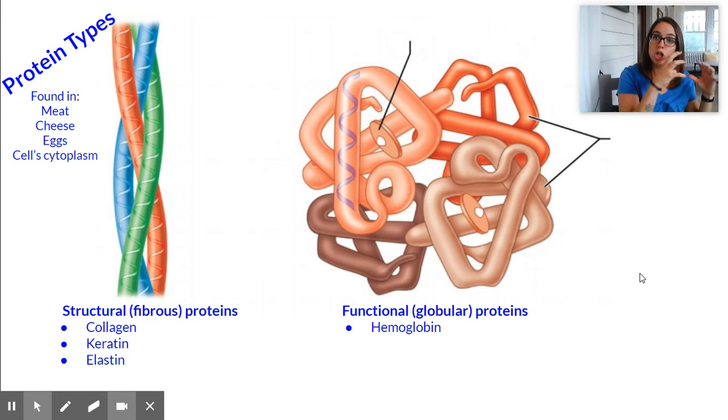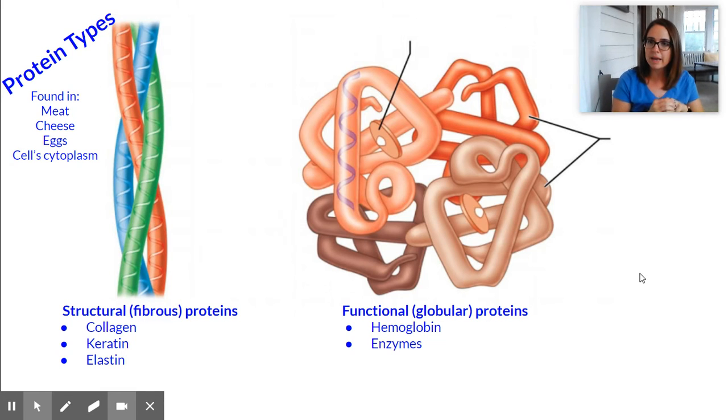So its glob, its shape, determines its function, just like anatomy and physiology, structure and function. In this case, the shape or the structure of the blob is going to determine its important function. In the case of hemoglobin, it's going to carry important oxygen molecules in our blood. Enzymes, which are very important, have a very specific shape.